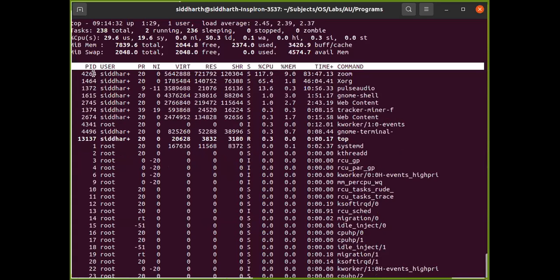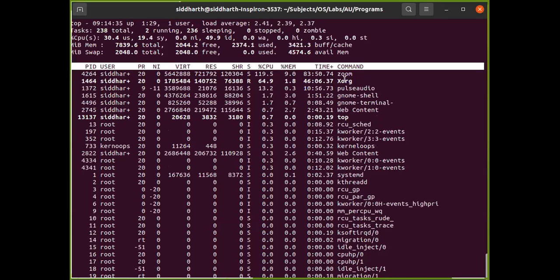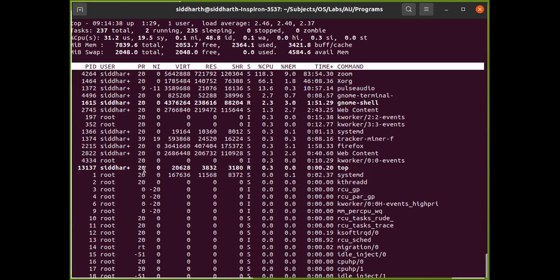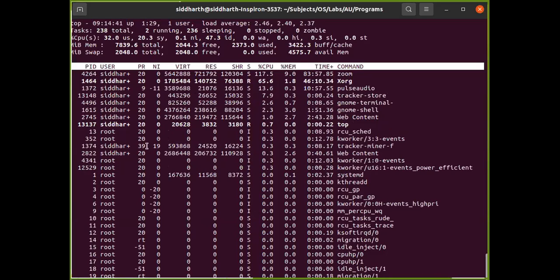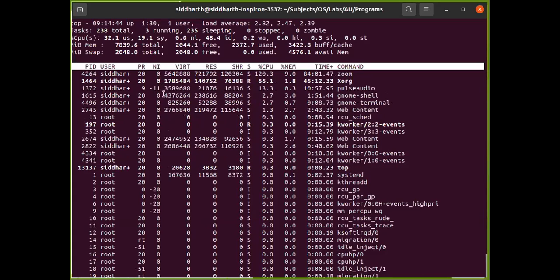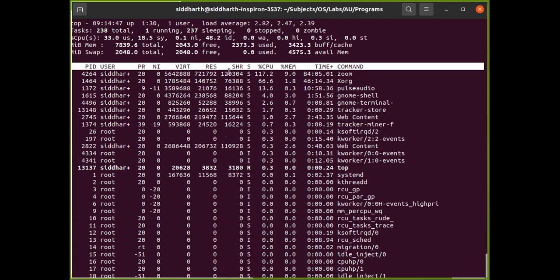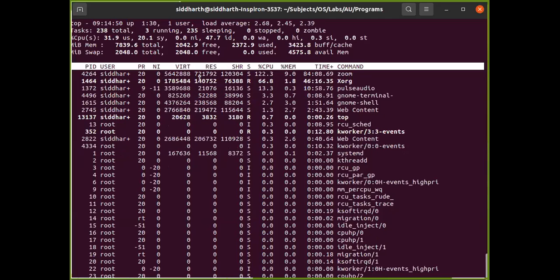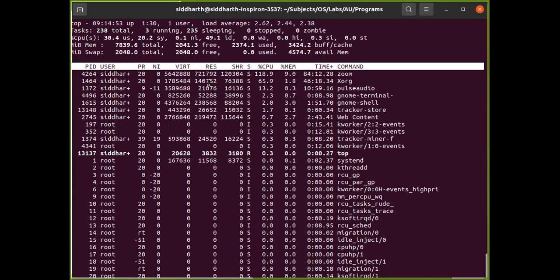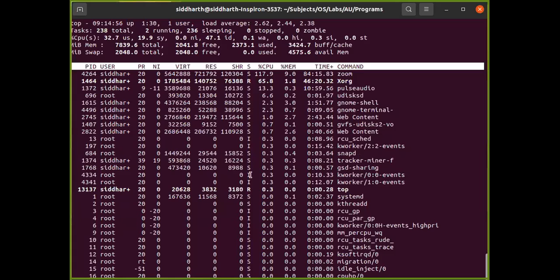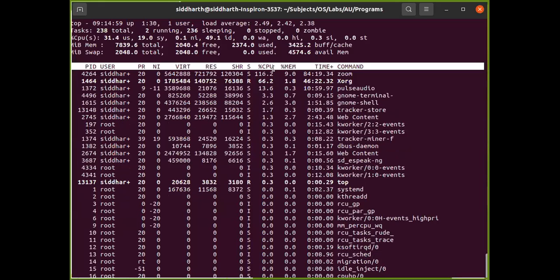Again, it gives you PID, the user who is running that, like Zoom. You can see Zoom. This is the priority. It goes from -20 to +20. This is the nice value, which we will see later on. Virtual memory usage. This is the main memory usage actually. Then you have shared memory, state of that process, and percentage of CPU.